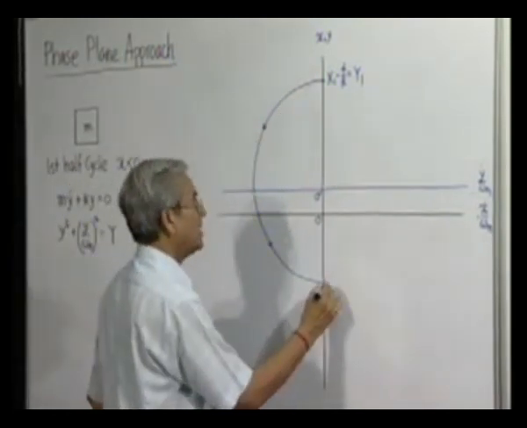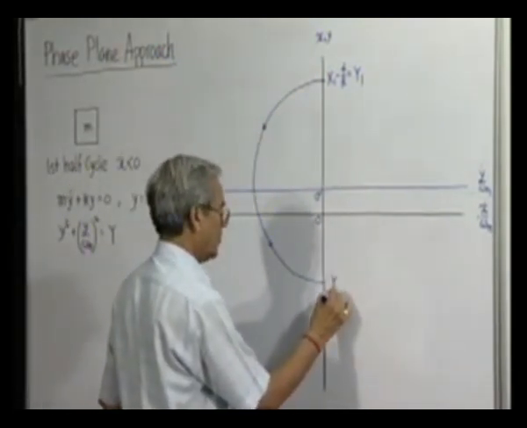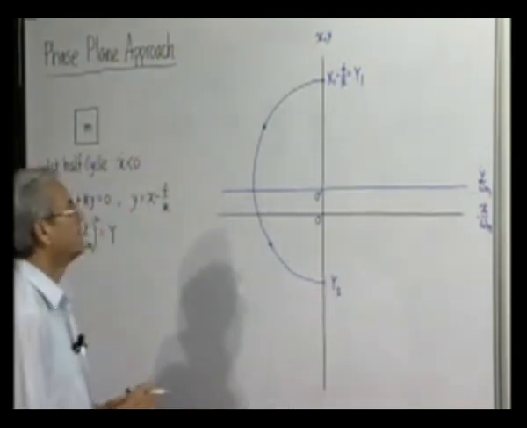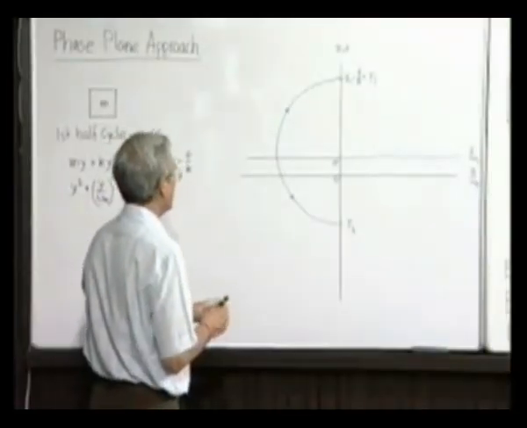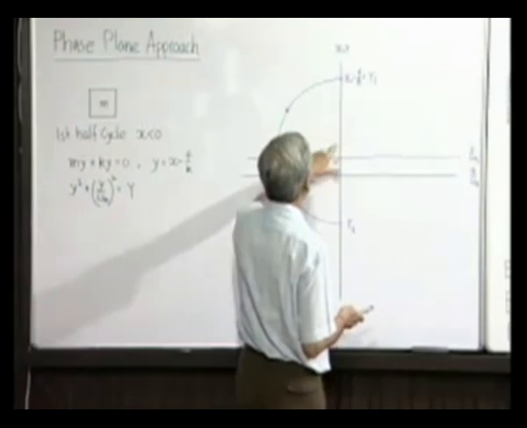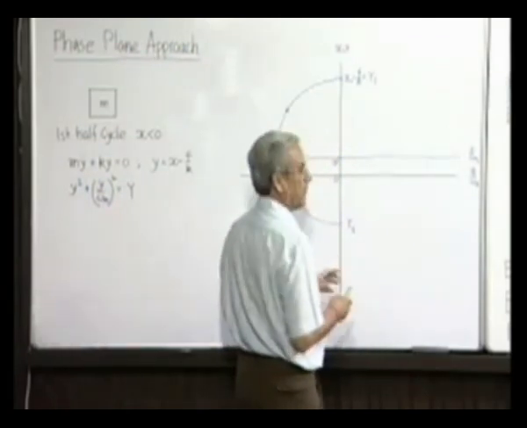So here this is y2. Now since it is a semicircle, the magnitude of this and the magnitude of this will be the same.